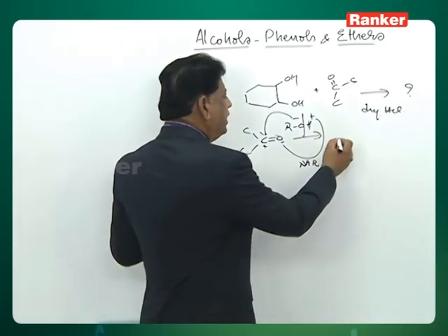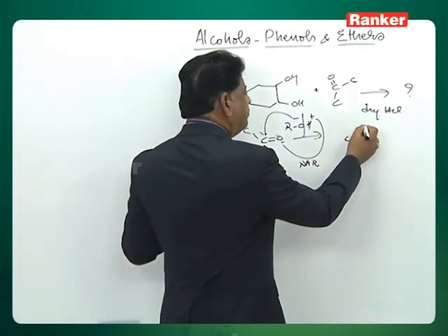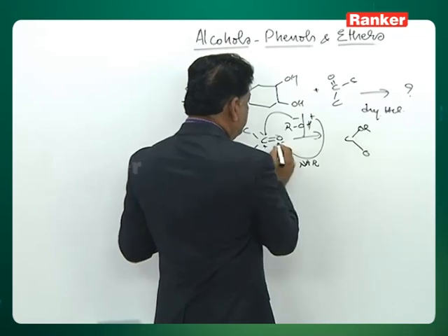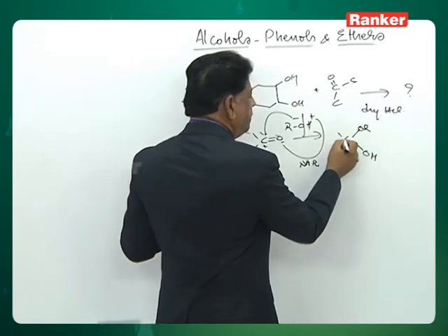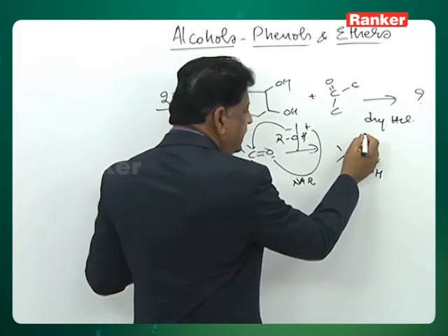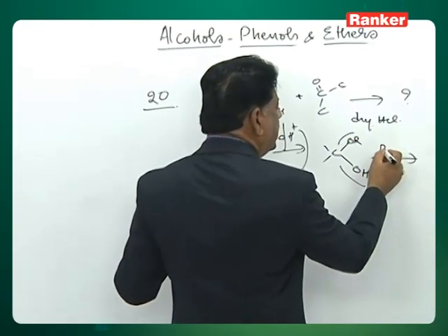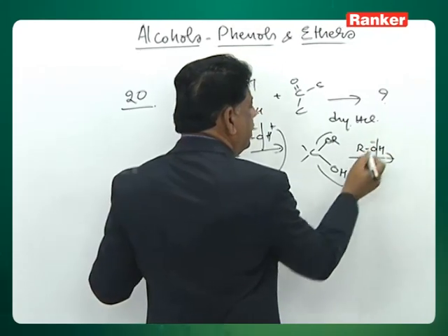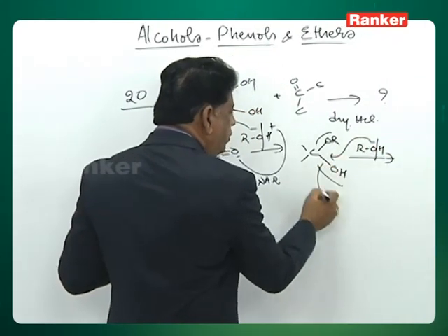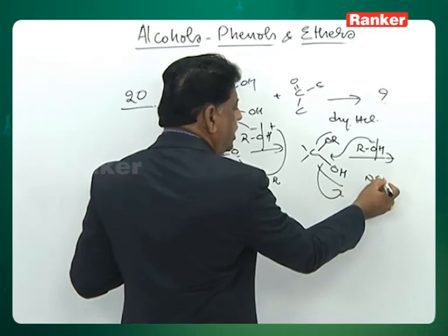Then OR is formed, this O takes H, and OH is formed. One side an ether is formed, one side a hydroxy group is formed. If one more alcohol is added, what happens? The alkoxy group replaces the OH. This is the nucleophilic substitution reaction.